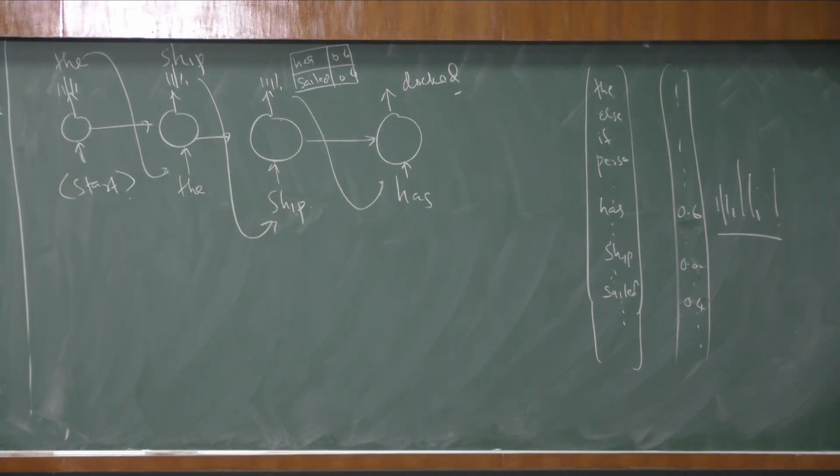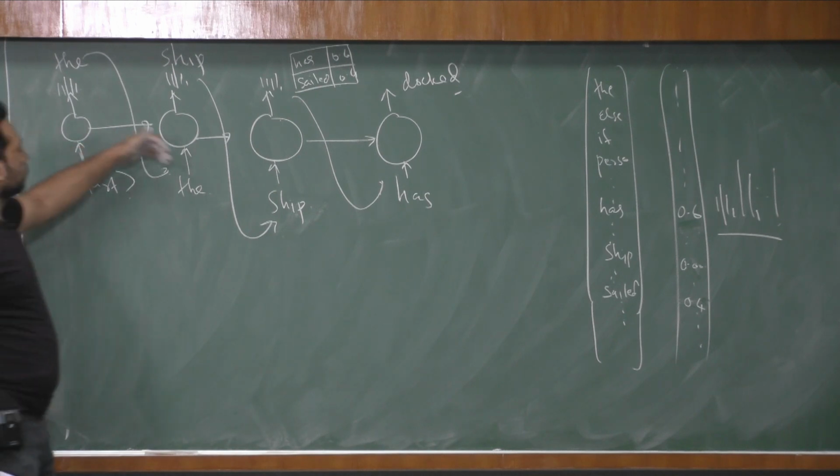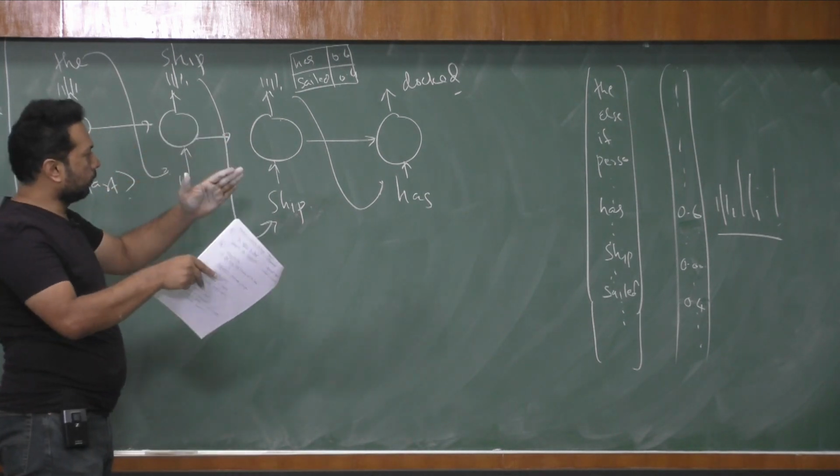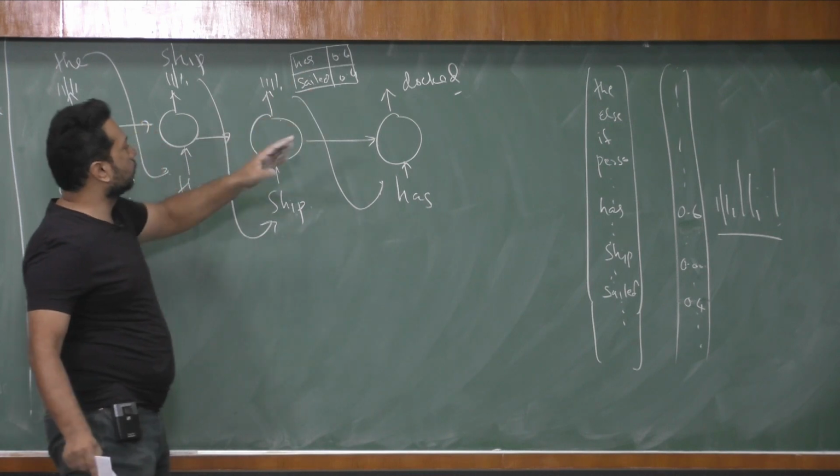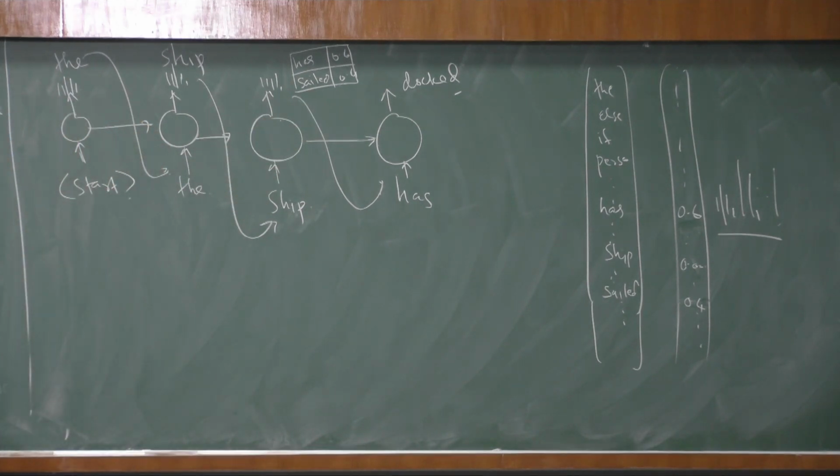The important thing is that as it sees more and more words, the choice of words that follow gets very limited. In this case it will be either this or this; there is no other possibility. So you have a choice of picking "has", or you can terminate this translation by saying "sailed". But since "has" has the highest probability, you may prefer to go with "has".